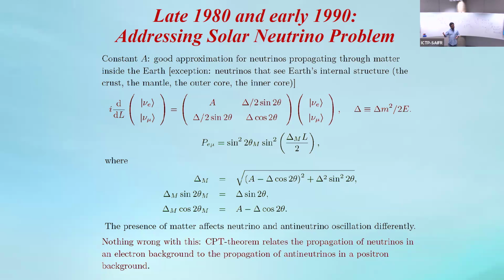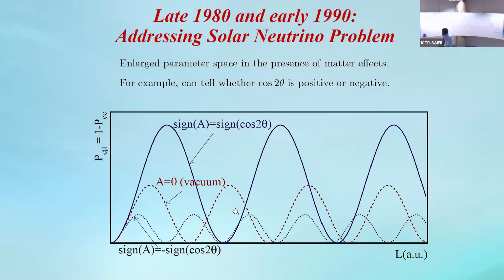So the normal oscillation survival probability will be completely changed because of that. Matter density is very high inside the solar core, and as the neutrino goes out, the matter density decreases. That's how you can keep track of the matter effect.